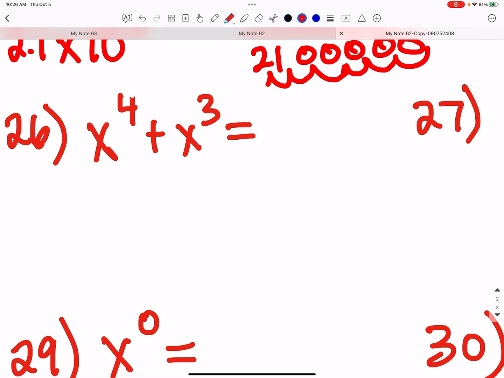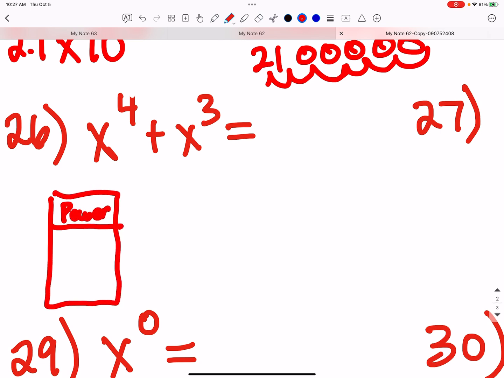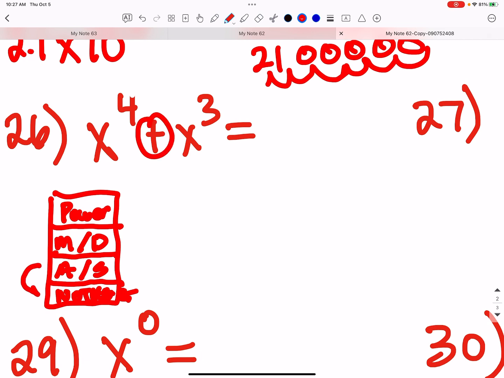All right, can we combine x to the 4th plus x to the 3rd? If I make my tower power down, there's powers, then multiplication and division, then addition and subtraction, and then there's nothing. We're trying to add, so we ask ourselves one thing less.